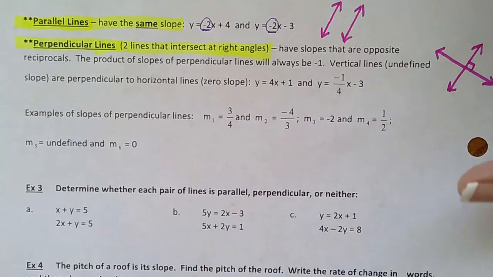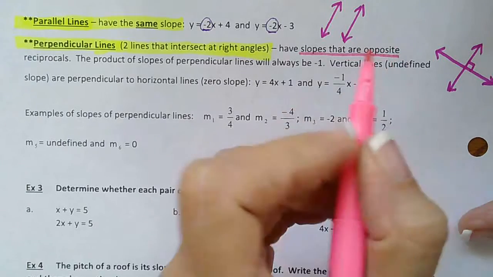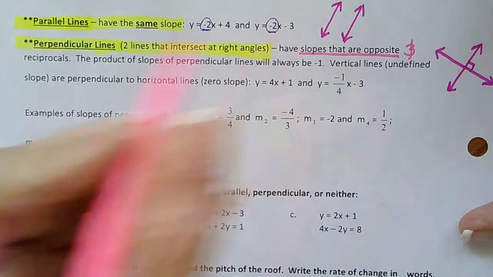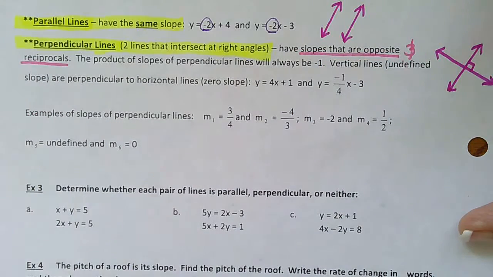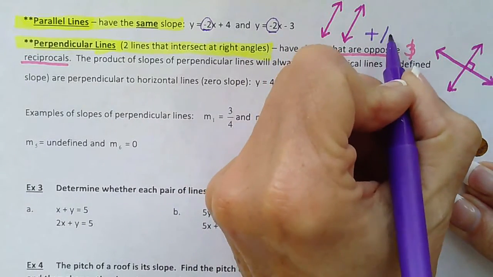Now these have very, very different slopes. They're not the same like on parallel. Their slopes are opposite and reciprocals. I like to write the word "and" in there because a lot of students think opposite and reciprocal are the same thing. Not true. Opposite means one is plus and one is minus.